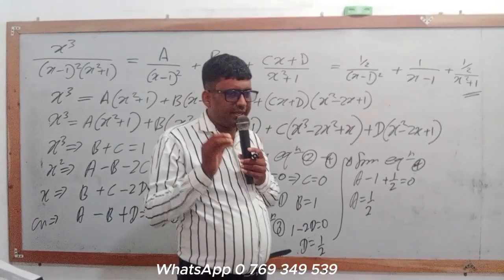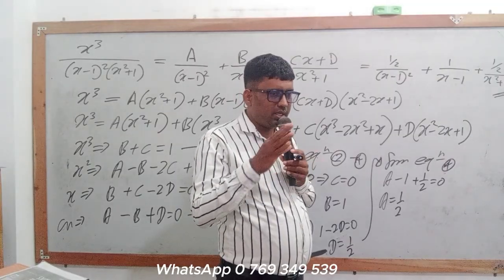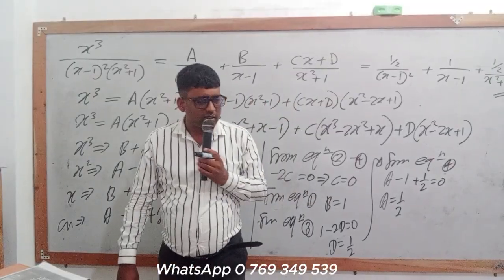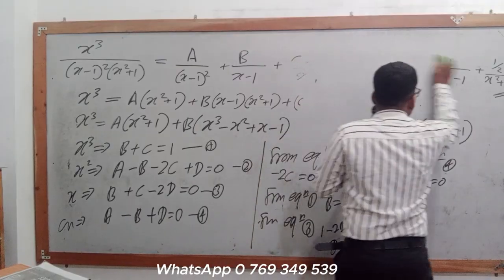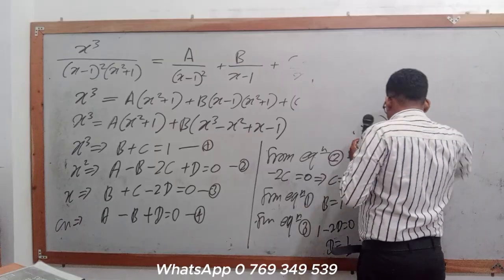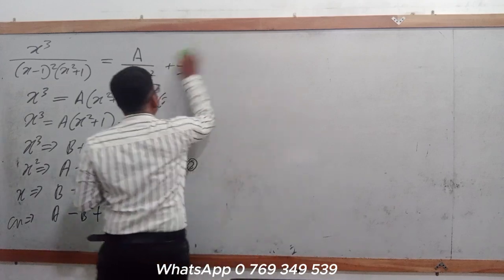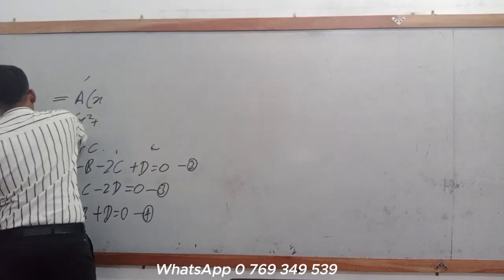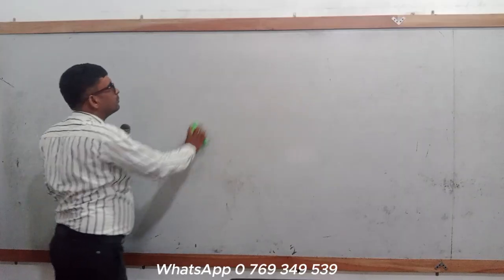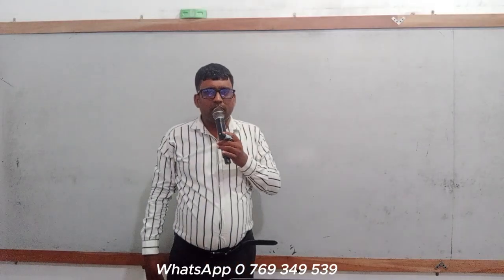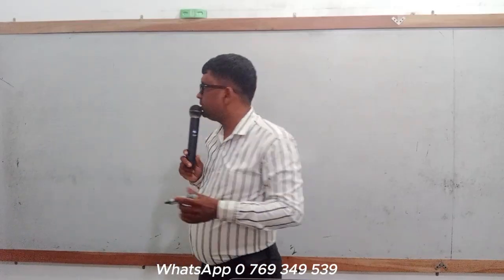Using long division, find the quotient and remainder when this equation is divided by 2x minus 1, right? Yes, we have. Long division.